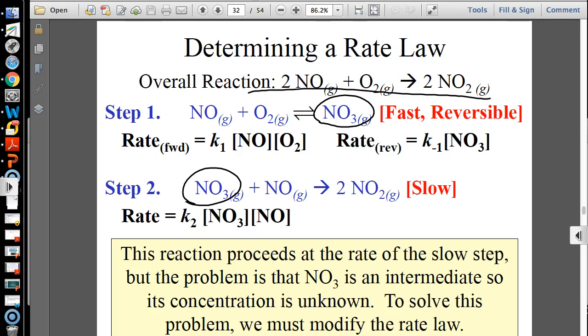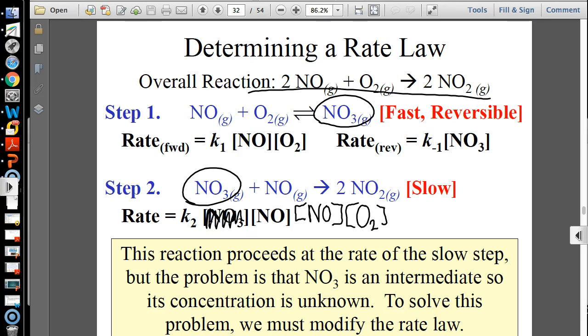What you have to do is just go backwards and substitute in where NO3 came from. So NO3 is here, and it came from, I'll just mark it out, another NO and an O2.